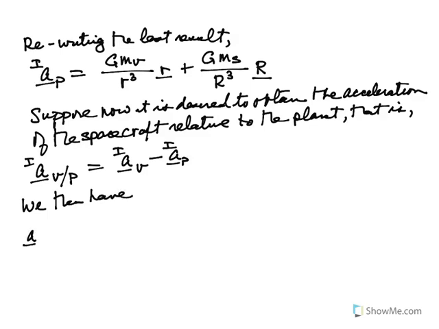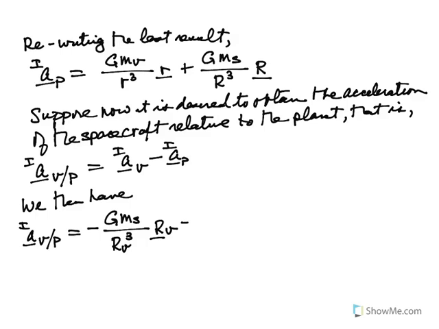So this follows from the previous results, which is the acceleration of the spacecraft relative to the planet is then equal to minus G times the mass of the sun, all divided by r_v cubed times r_v.